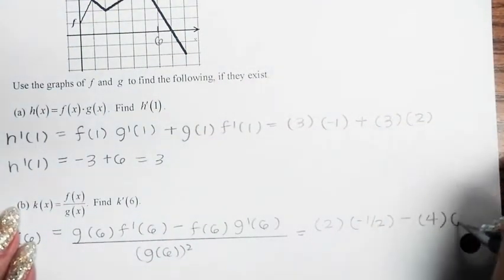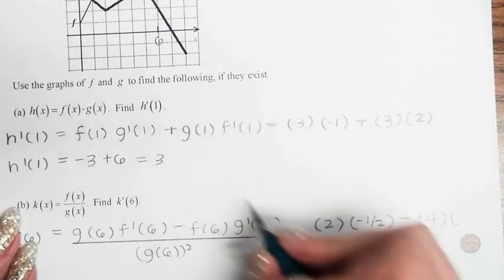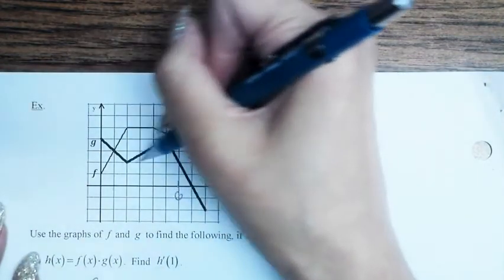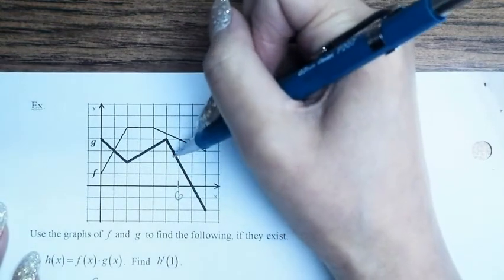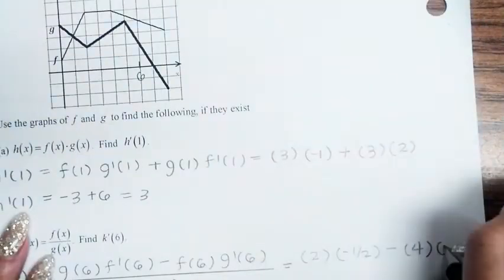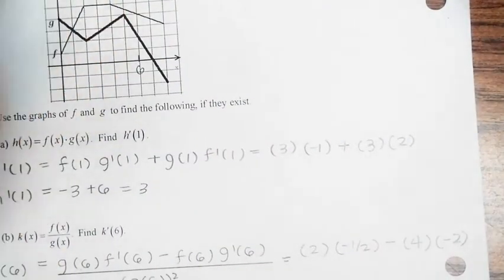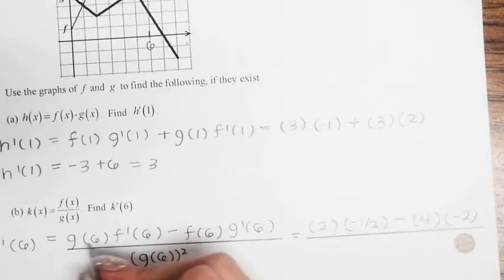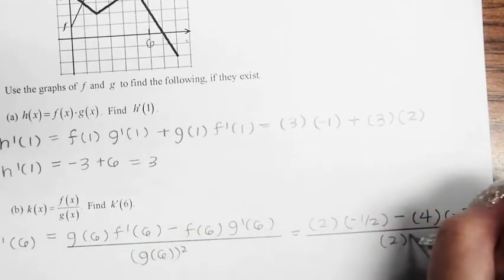And last but not least, on the top we want g prime of 6, which is the derivative at 6, which you know is going down. It's going down, basically negative 2 is going to be your slope. And this is going to be divided by g of 6, that we already know is 2, squared.